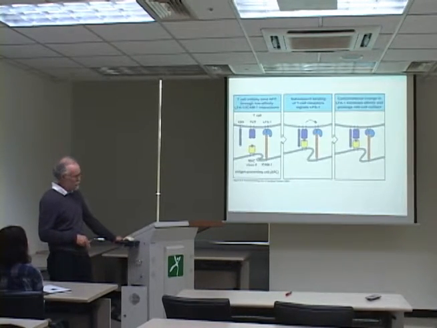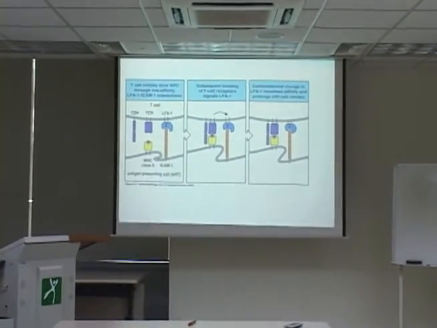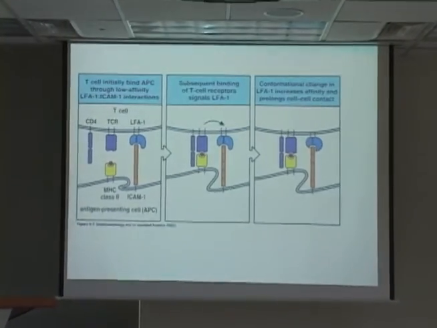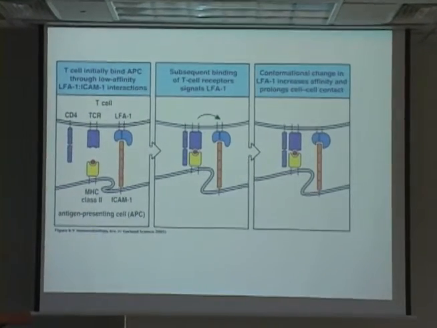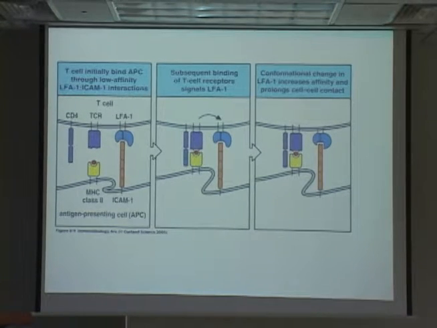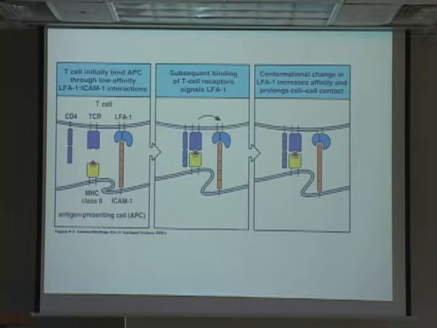The first thing is when lymphocytes move through a lymph node, which they do the whole time in the absence of antigen, they're constantly screening the existing dendritic cells in the T cell zones for foreign antigen. And they do that by making short-term, transient contacts with APCs.